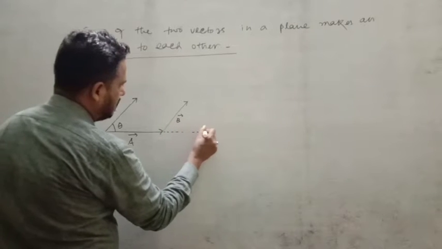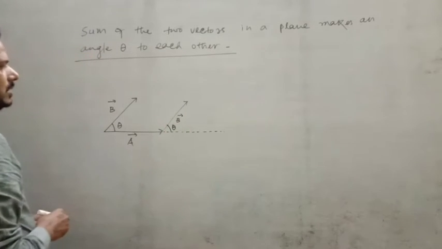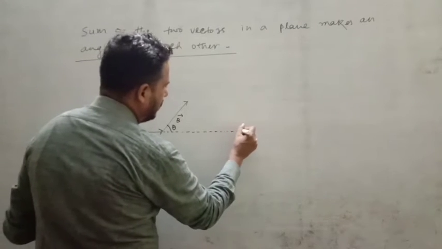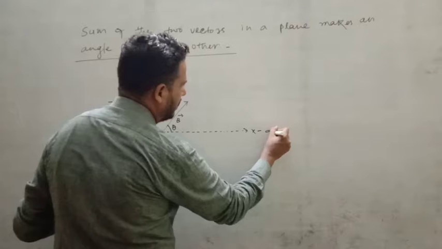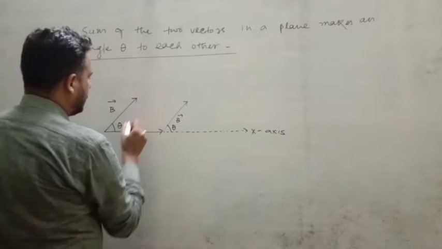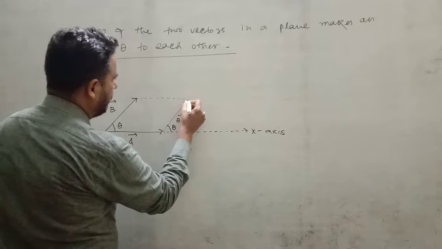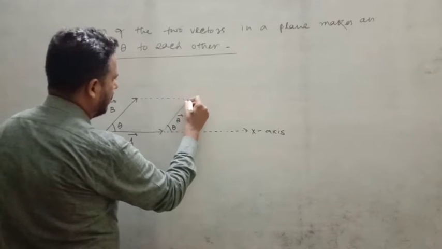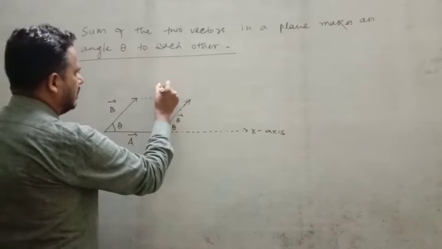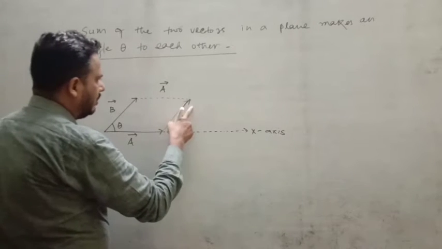You just draw it like that, and you can see this one makes an angle theta with the horizontal, because this is your x-axis. Then you draw a parallel line, like vector A, here also. The resultant is from the tail of the first vector to the head of the second vector.